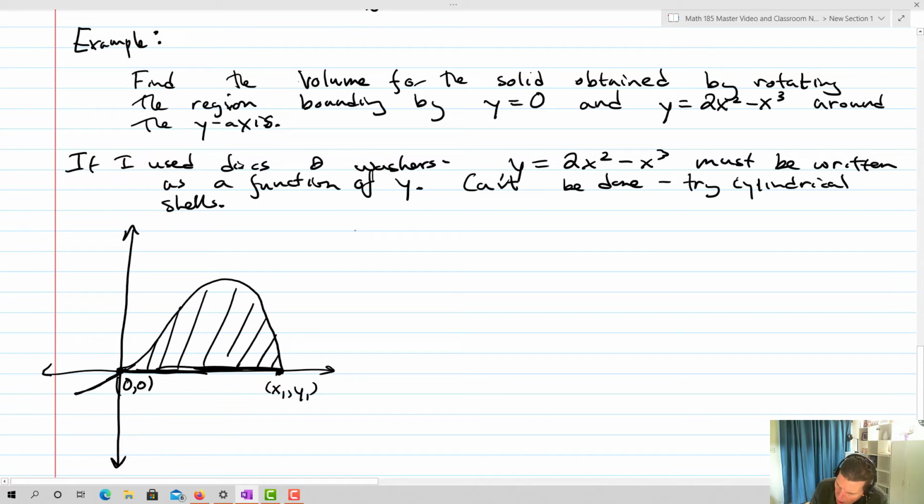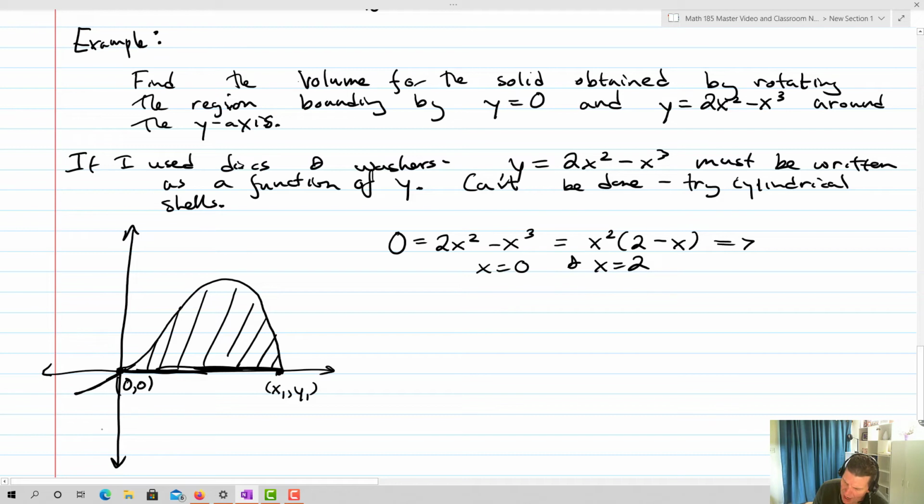So I'm going to set y equal to 0. So 0 equals 2x squared minus x cubed, and that's going to equal x squared times 2 minus x. And so that means that x equals 0 and x equals 2.